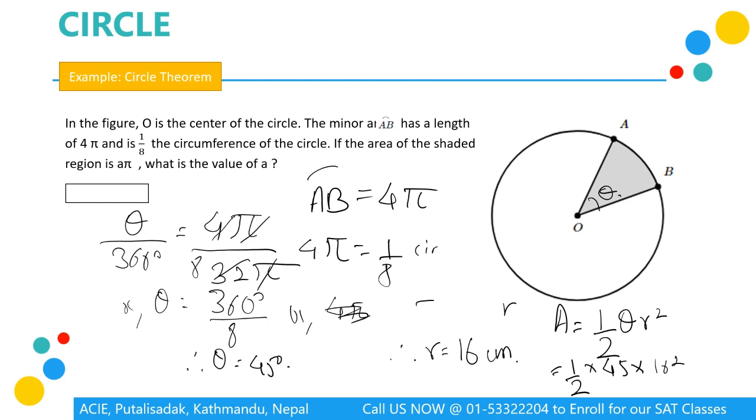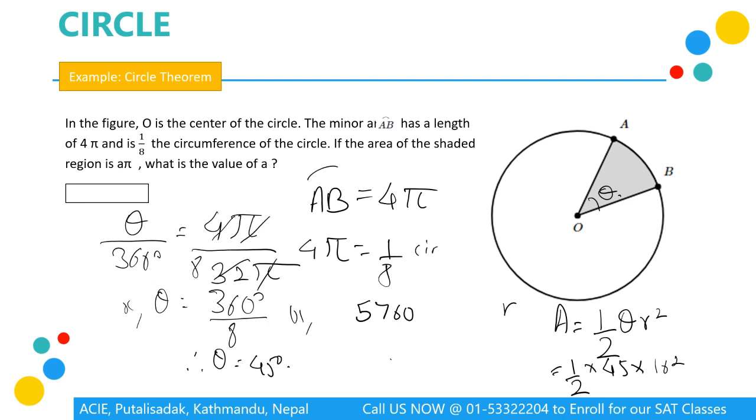Let's erase this part. That is going to give us a value of 16 into 16 into 45 divided by 2, which is 5760, the area of the shaded region itself.